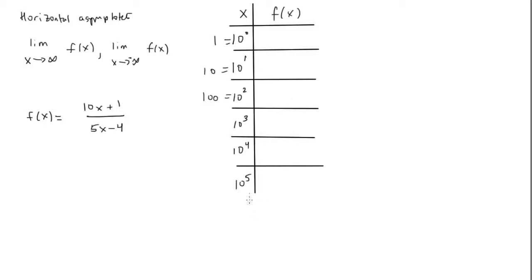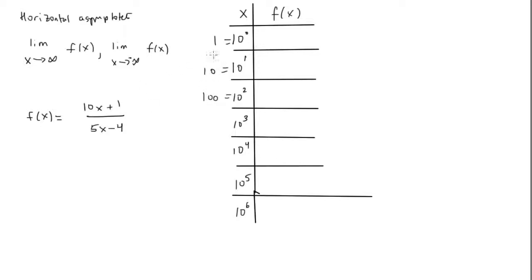Then let's just go ahead and do one more here. So 10 to the 6th will be the last one that we do. Okay, and if I plug all of these things into the function, not too bad to do, just need some calculator action. Google might speed this up for you, or Wolfram Alpha.